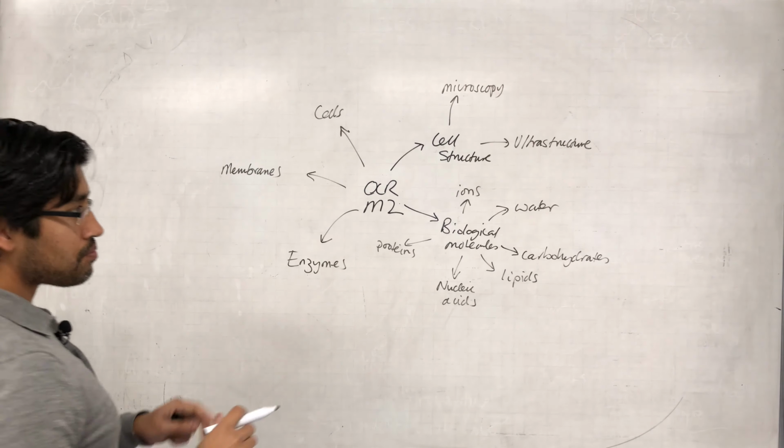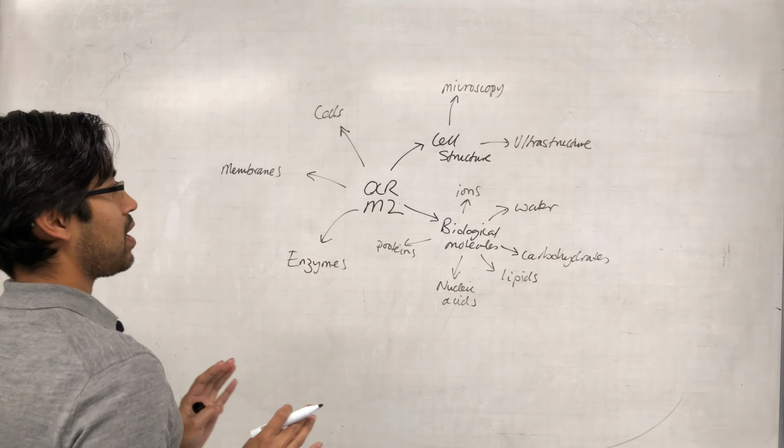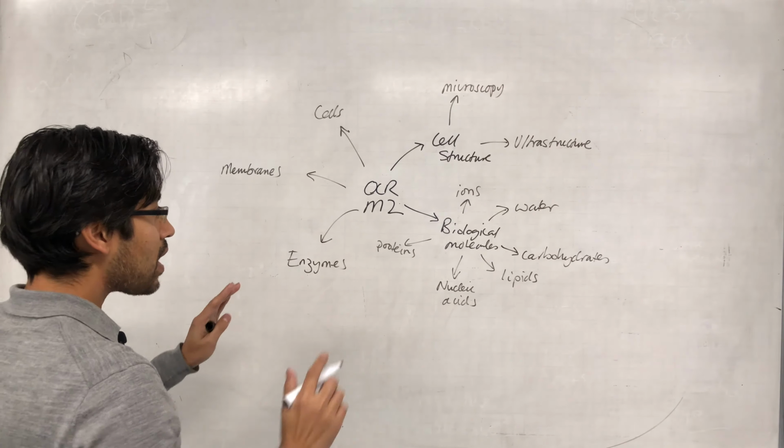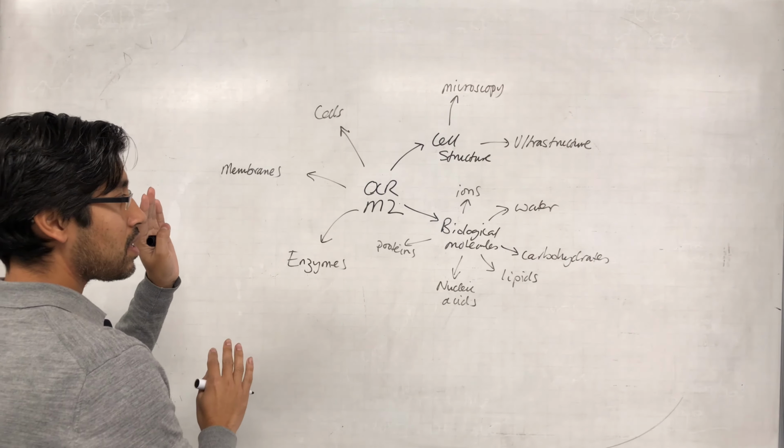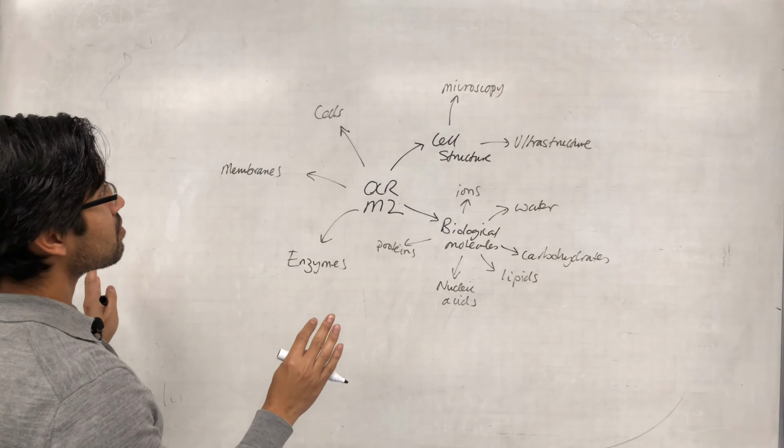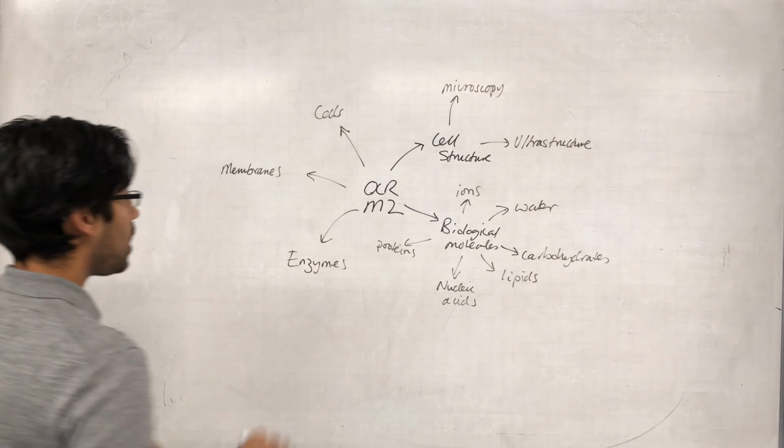Okay, right. I'm going to quickly run out of space here. I always regret doing these kind of maps because invariably I'm always running out of space in some way. Anyway, right, let's talk about enzymes then.